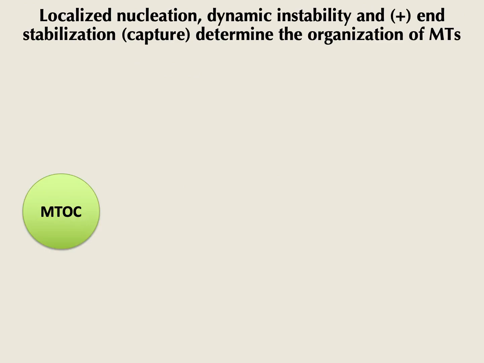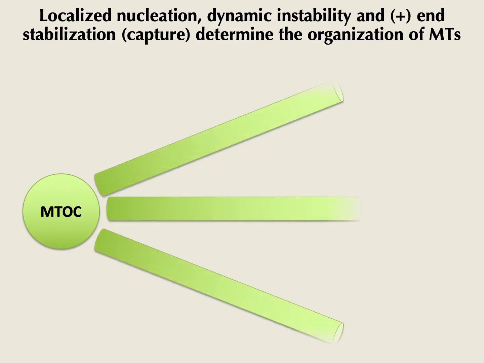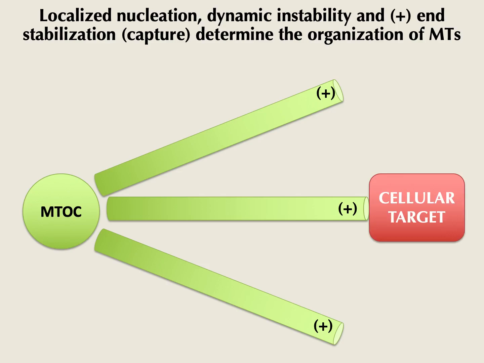So everything starts with an MTOC, right? And from that, all the dynamics is at the plus end. You have growth of microtubules, boom. But then, if you imagine, they grow almost randomly in every direction. Now, some of them will hit the target in the cell, and that interaction with the target tends to be a stabilizing interaction.